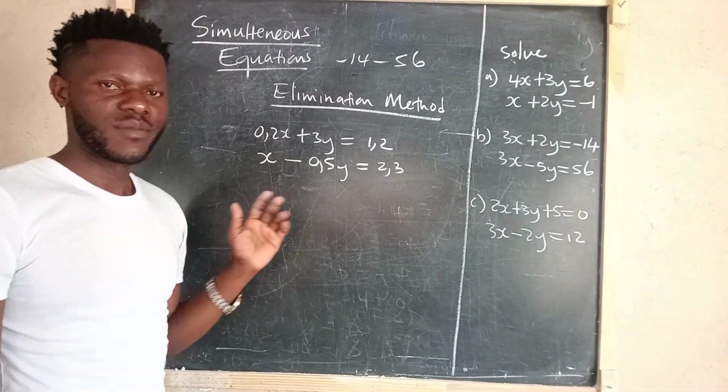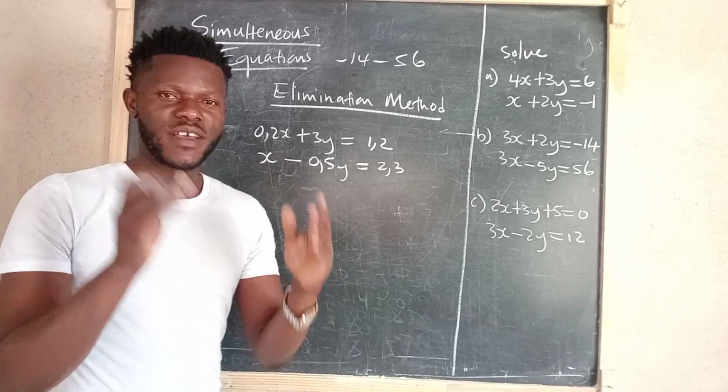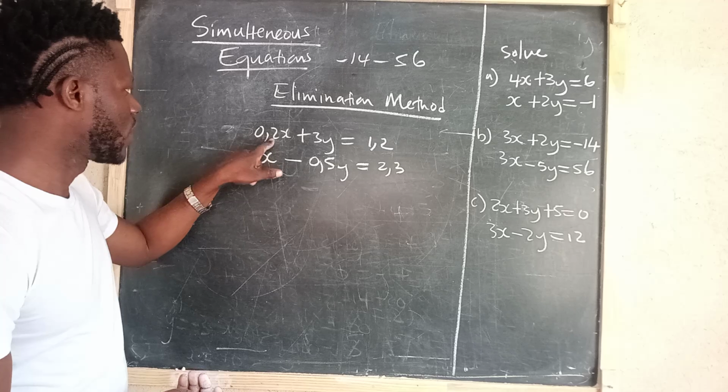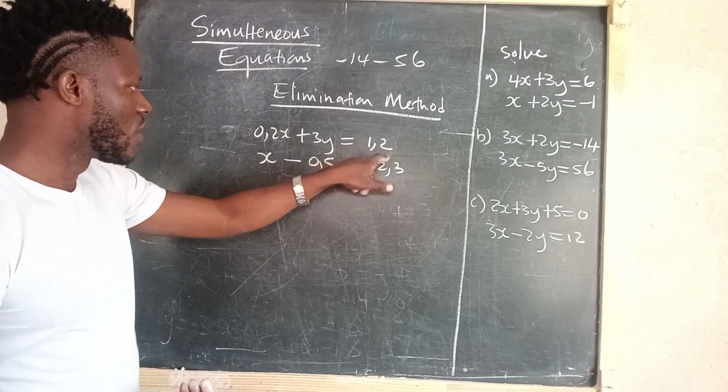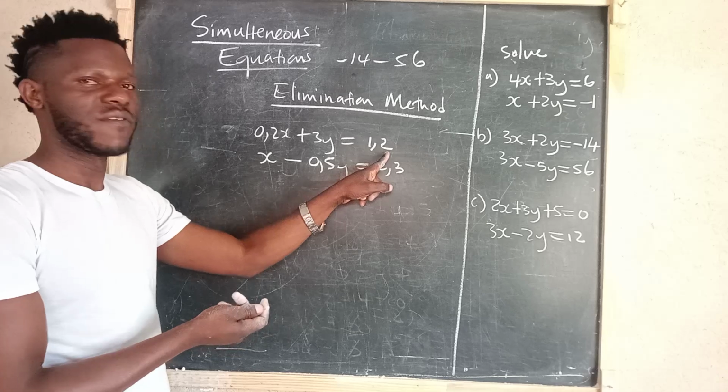Right, it's still a simultaneous equation, but now it involves decimals. We have an easier way we can handle this one. You check the number of decimal places. In the decimal numbers, we only have one number after the comma.